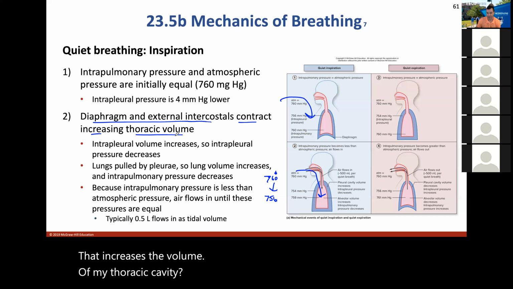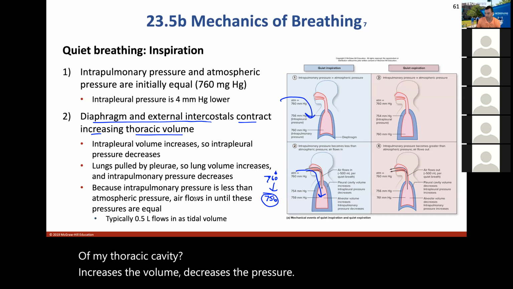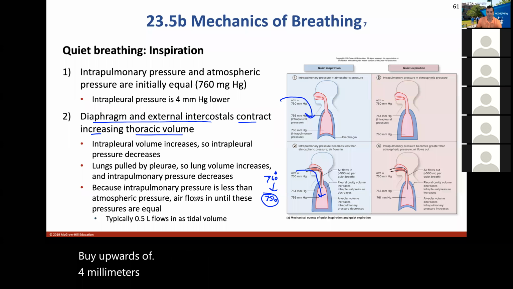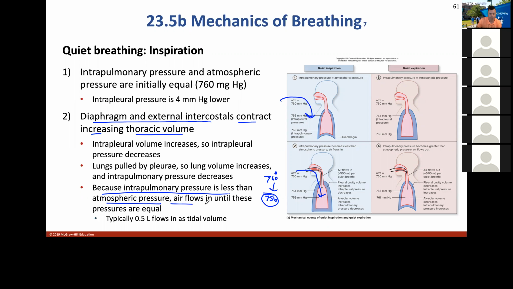Increases the volume, decreases the pressure by upwards of 4 millimeters of mercury. That is basic breathing mechanism.